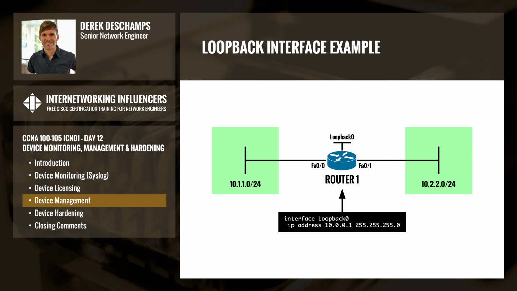Unlike router 1's physical interfaces, Loopback 0 will always remain up unless manually shut down. The IP address of Loopback 0 can be used to access the router regardless of the state of its physical interfaces. This makes it the ideal IP address to use when accessing the router remotely.